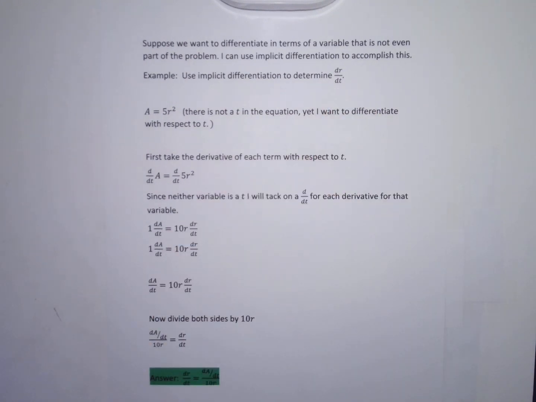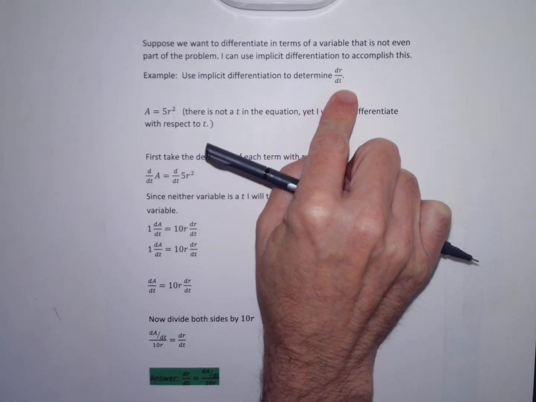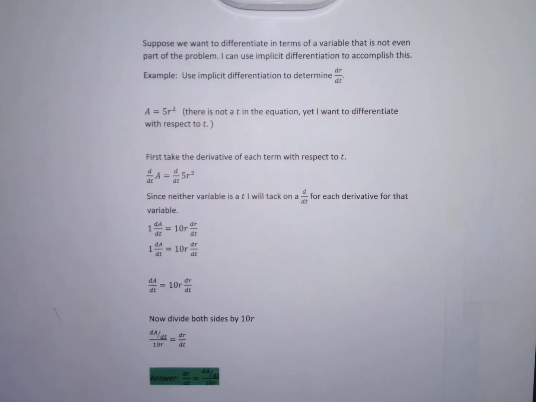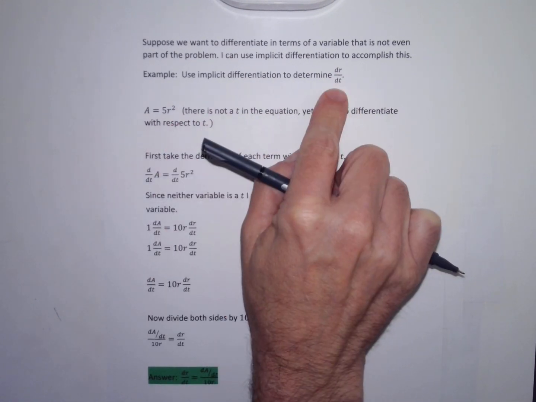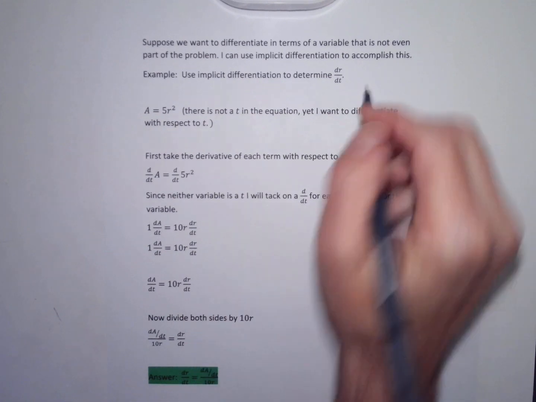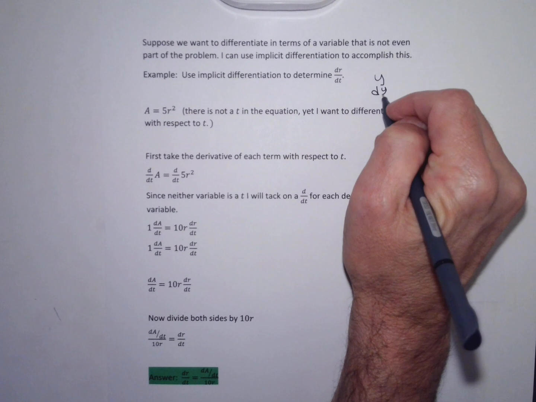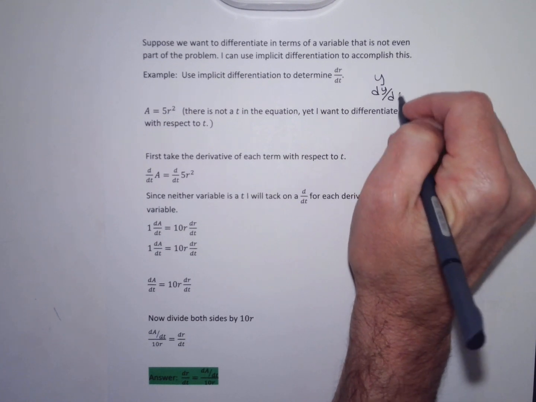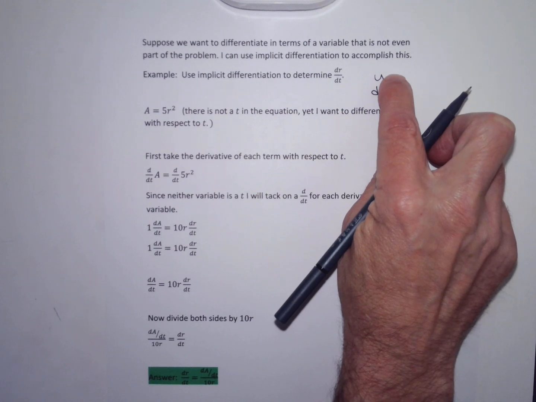So to find dr dt, the derivative of r with respect to t, each time I take a derivative of a variable, because the variable doesn't match up with the denominator here, I'm going to tack on a d that letter dt. So when I did the derivative of y and I tacked on a dy dx, this is specifically because I'm taking the derivative with respect to x and the variable that I took the derivative of was a y.